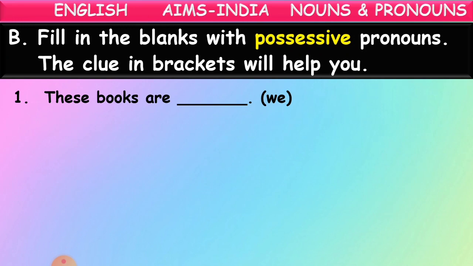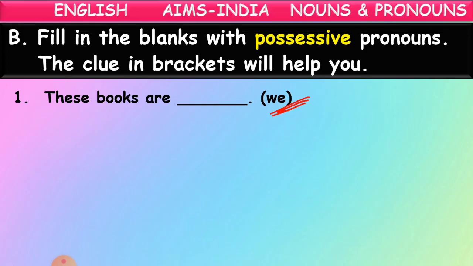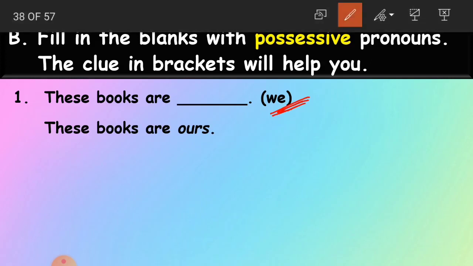What is our pronoun here? The pronoun is we, a personal pronoun. It has to change to a possessive pronoun. Then how will we write it? These books are ours. Clear, children? So here ours is our possessive pronoun. This is the example for you.